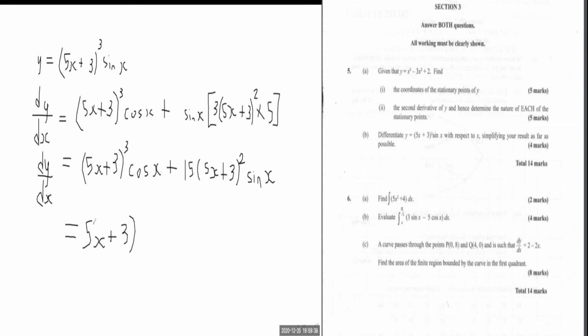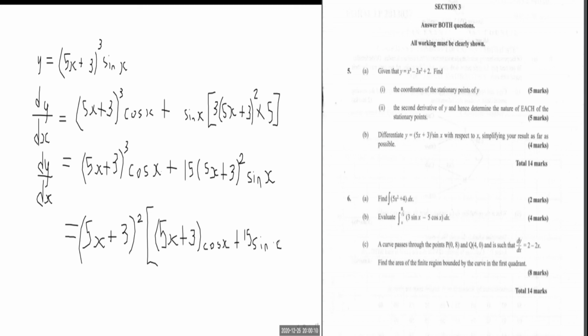If I factor out a (5x plus 3) all squared, what I get left back with is (5x plus 3) multiplied by cos x, plus 15 sin x here. So this is as far as I can go in terms of simplifying it.